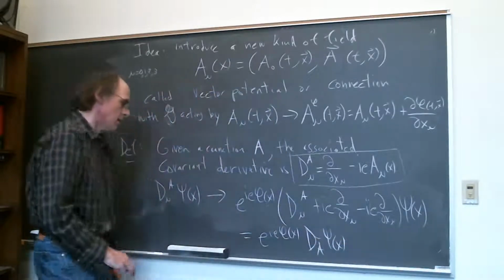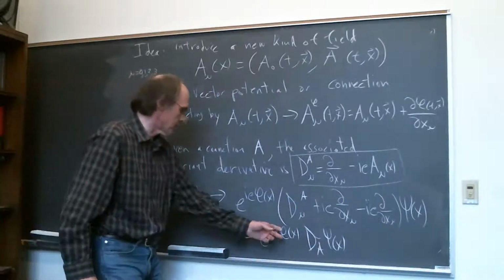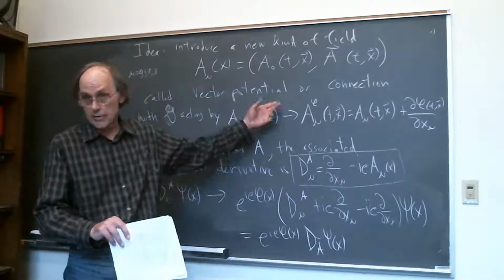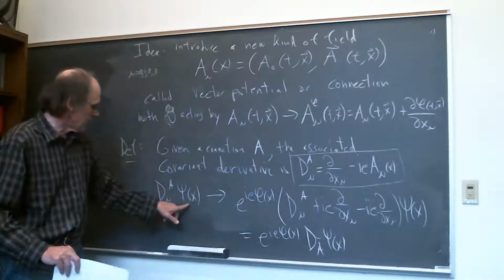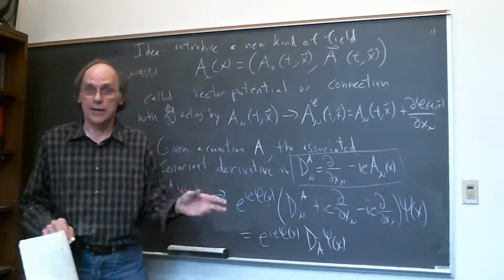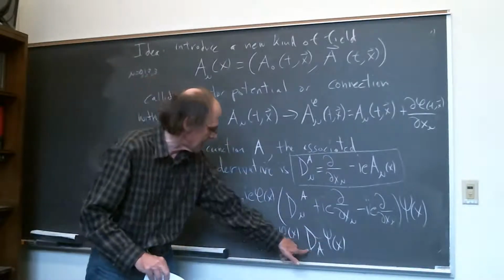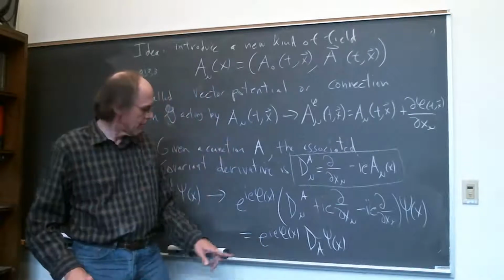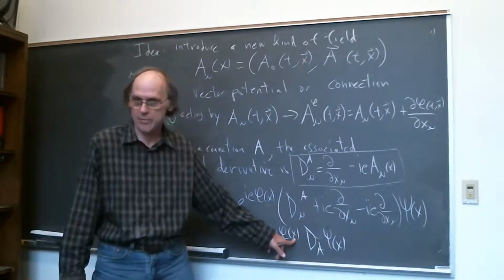Okay. So the whole point of this covariant derivative is to make derivatives behave covariantly, to behave in the nice way that derivatives behaved when you didn't have x dependence.